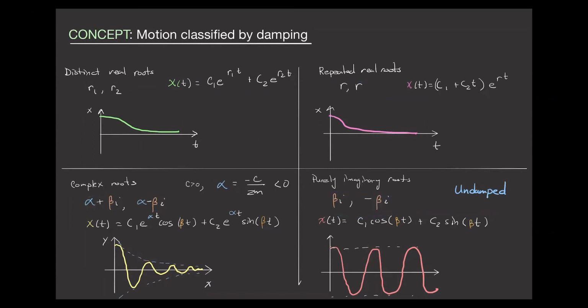When you do the quadratic formula, what you'll get is that R is equal to negative C over 2m plus or minus 1 over 2m times the square root of C squared minus 4mk.